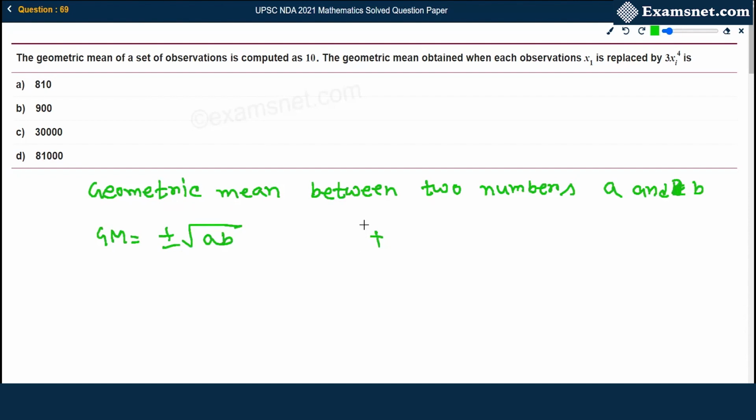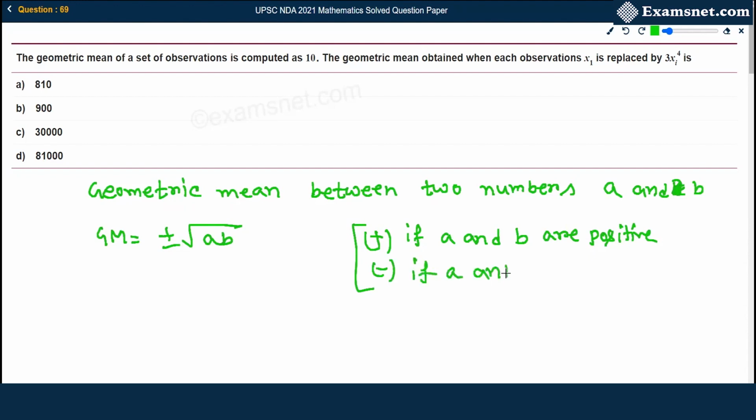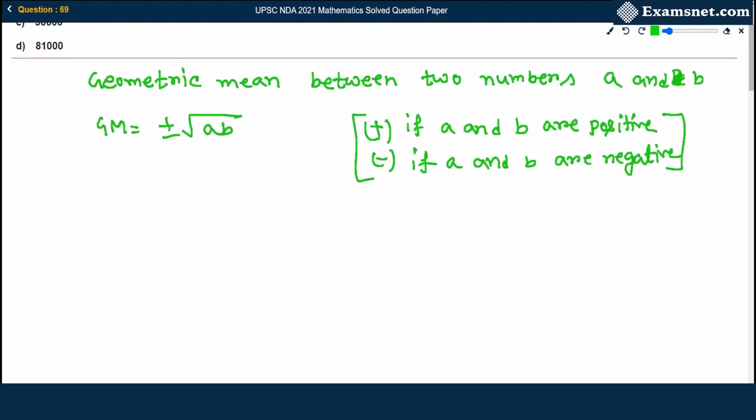We will use plus if A and B are both positive, and we will use minus if A and B are both negative. Now it happens when we are finding geometric mean between two numbers. But what happens if there are n number of terms?